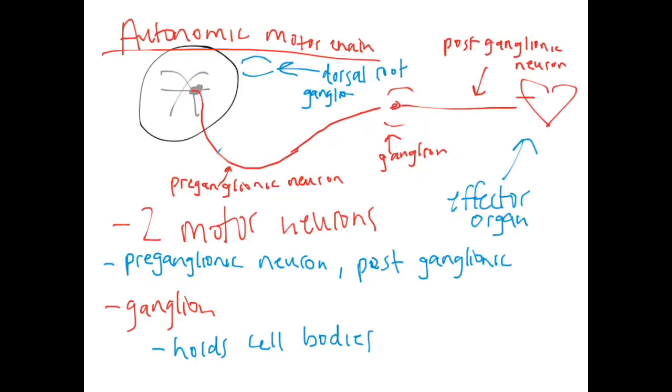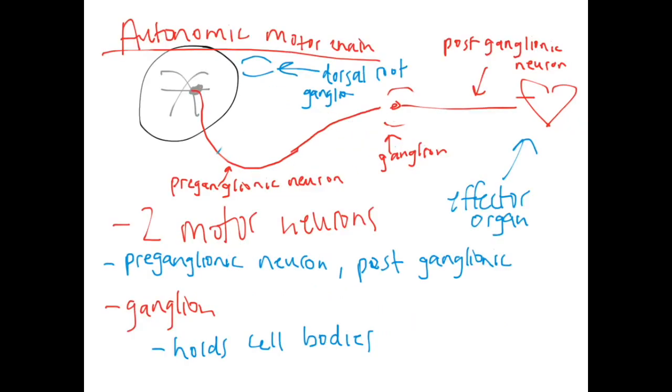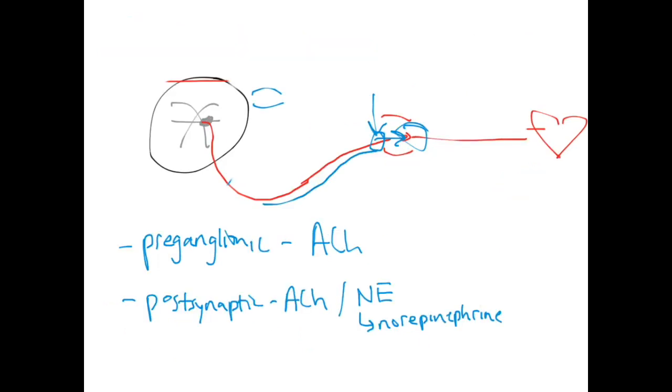When you go to your autonomic motor chain, we see that we have two motor neurons, a preganglionic neuron and a postganglionic neuron, synapsing at this autonomic ganglion, which holds those cell bodies. We see the effector organ can change between cardiac muscle, smooth muscle, and glands. And then over here, this preganglionic neuron is always releasing acetylcholine, and that is always excitatory.